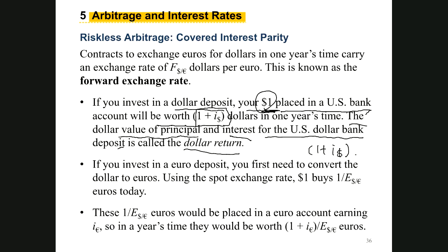If you invest in the Euro bank, first you need to convert the dollar into euro, right? So use the spot exchange rate. $1 buys this amount of the euro, right? This amount of euro is actually represented by this as well.